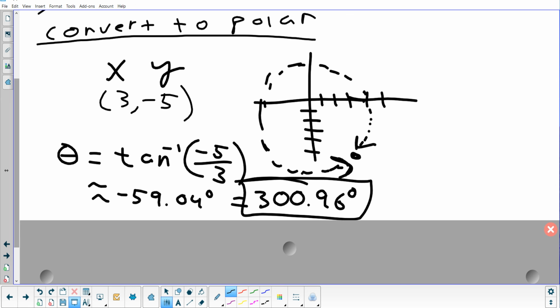And what's the equation that I use to solve for the radius? Yep, got it. Can you tell me what it would be using my numbers? 3 squared plus 5 squared, yep. And what does that equal?